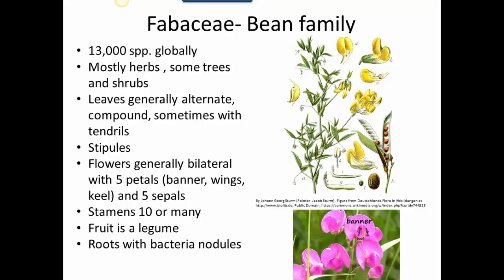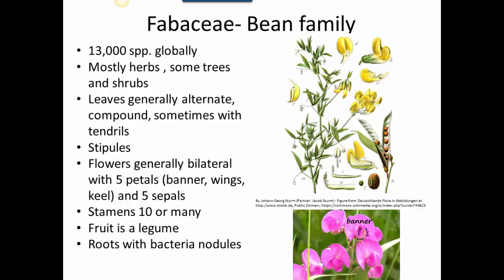Another family that has a lot of great field characteristics, that members can easily be identified to family in the field, is the bean family, or Fabaceae. This family has about 13,000 species globally. They're mostly herbaceous plants, although there are some trees like the black locust tree and some shrubs.